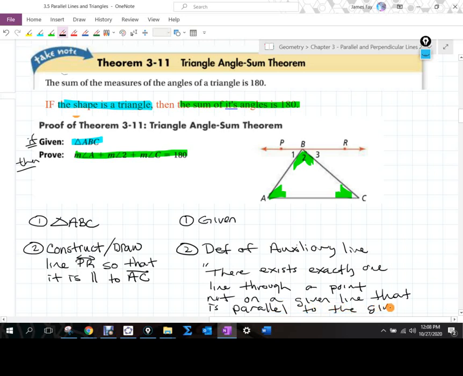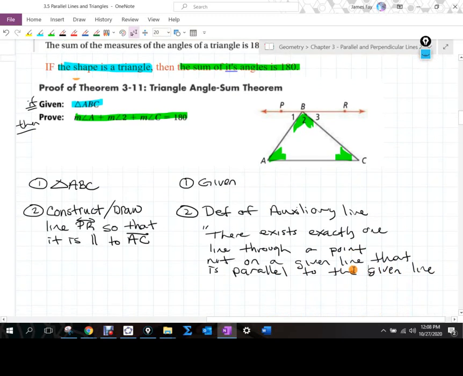I know that's a lot to say, and we can condense that later on, but the first time that we see this, I'd like to write the whole thing out. It's called the parallel line postulate.